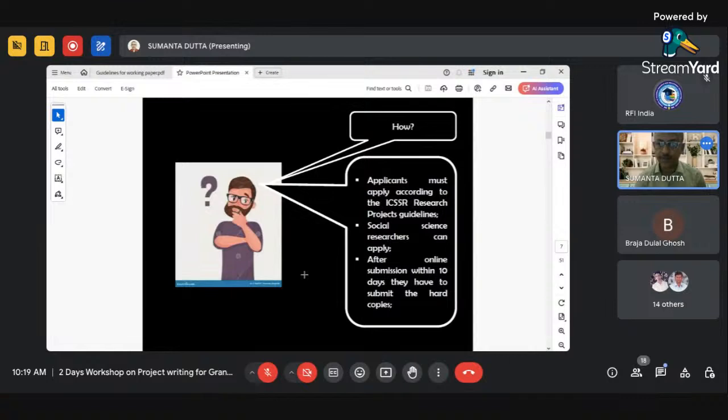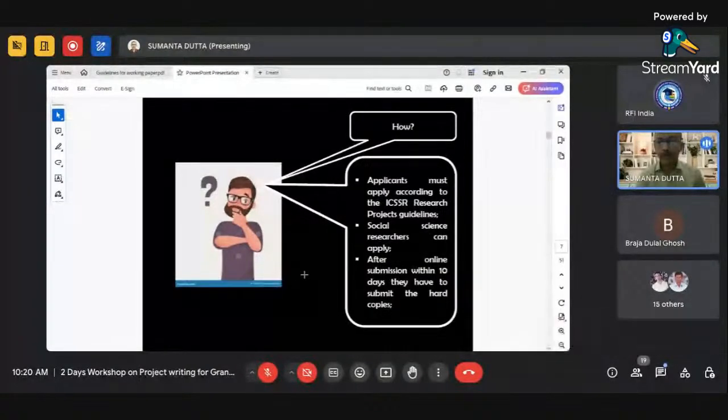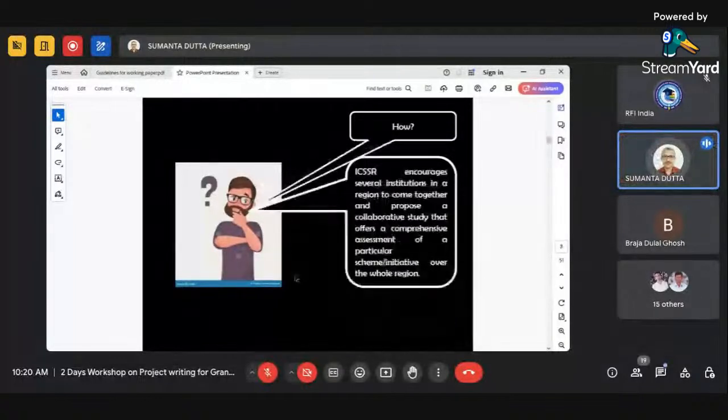Otherwise, nowadays ICSSR is coming up with different types of theme-centric proposals, like Jal Jeevan Vikas or Viksit Bharat or something like that. If you are interested in this theme-based action research project, you can apply for it. That should be very useful and enhance your credibility.